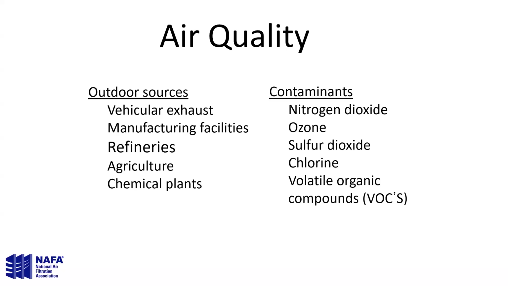Agriculture, you oftentimes have a lot of contaminants associated with agriculture, the spraying of crops, chemical plants. So now, not only do you have indoor contaminants that you're bringing in, but now you're bringing in your outside air, mandated, and so now you're bringing in ozone and sulfur dioxide and chlorine and all sorts of VOCs from whatever might be in your building.